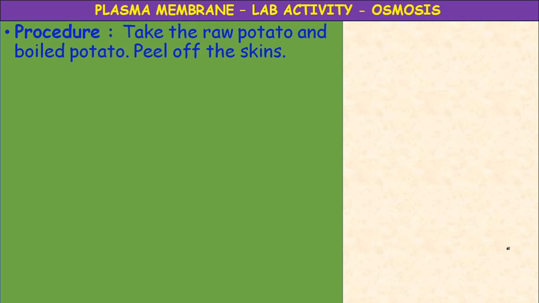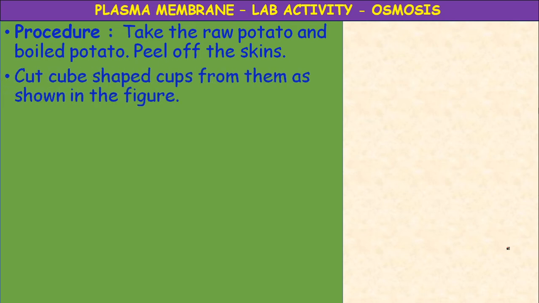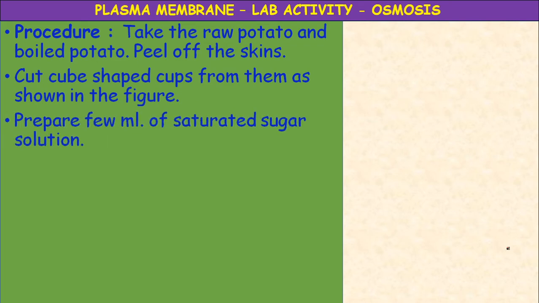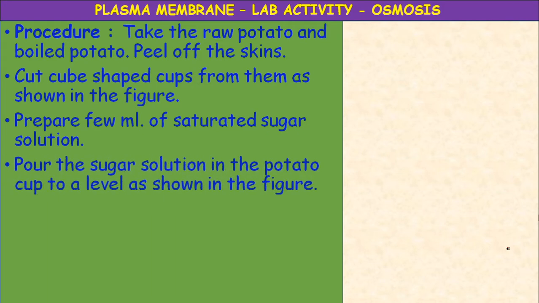Cut cube shaped cups from them as shown in the figure previously. Prepare a few ml of saturated sugar solution. What is a saturated sugar solution? One where the solute is more in that solution.